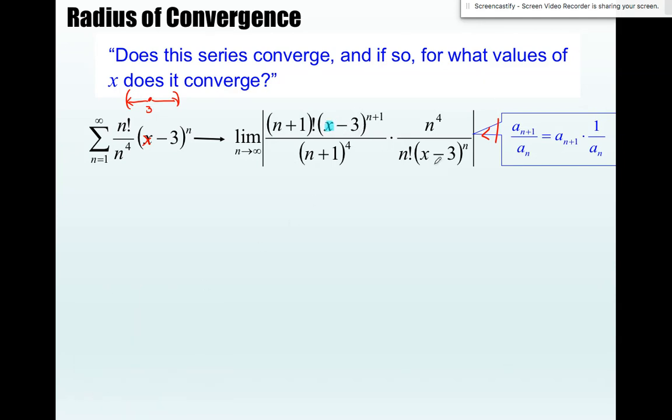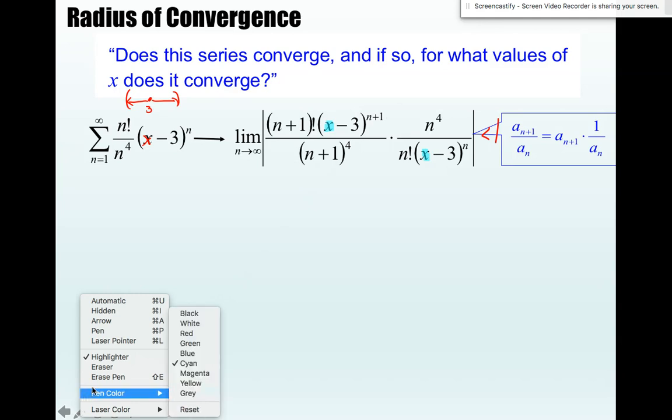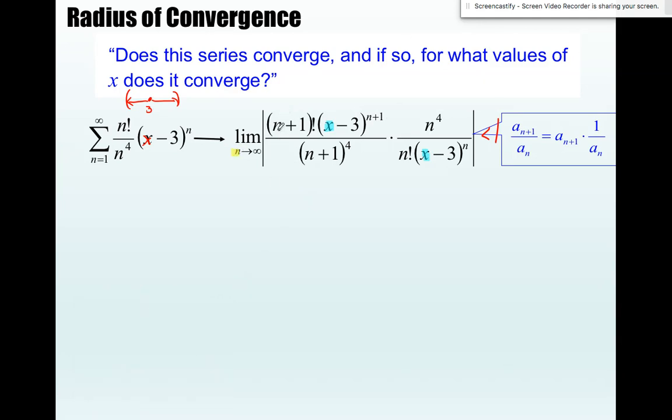Here is an x, here is an x, but it's trapped in the n plus 1 scenario. Focus on your x's, because after all, your limit is n. I'm sorry, focus on your n's. You want to suck the x's out. So do that exponent trick on there and suck them out.